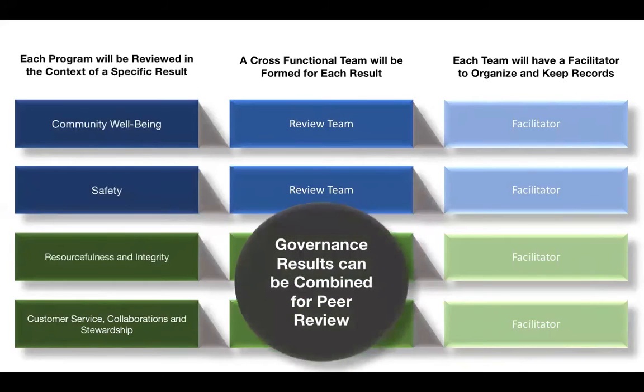Just as you may notice in those bottom greens, we have combined some of the governance results. For those who are unfamiliar with the term governance versus community, we have broken out the results and the program inventory into 2 groups. The community programs and community results have to do with those services that are external facing. The governance results and governance programs have to do with those services that are internal facing.